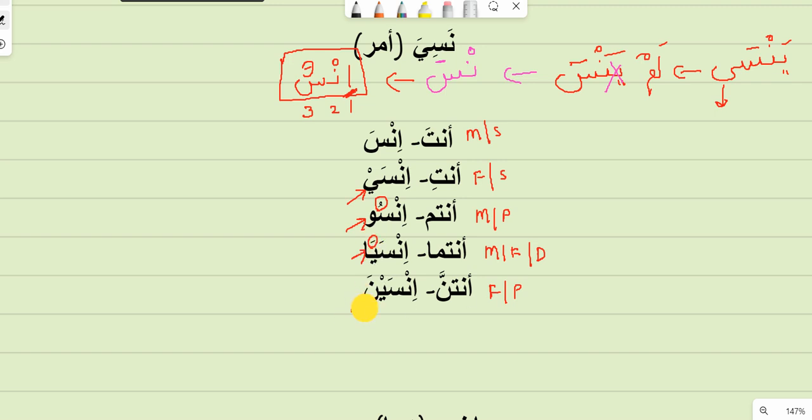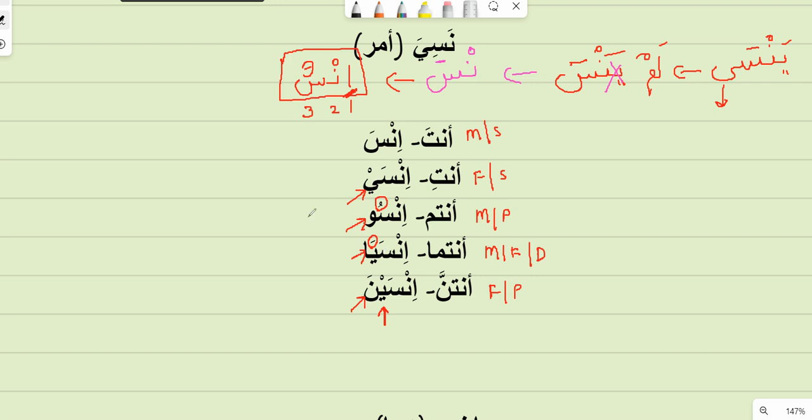The Nun Niswa came to show the plurality of feminines. In insaina, as I told you, the original ya of the fail came back, because we need a sukun. We cannot give the seen a sukun because we need to use this structure. So the ya came back to get the sukun. So this is the amr of nasiya.